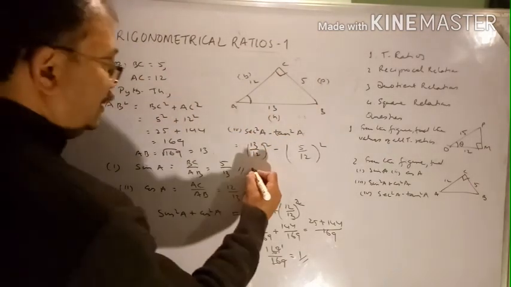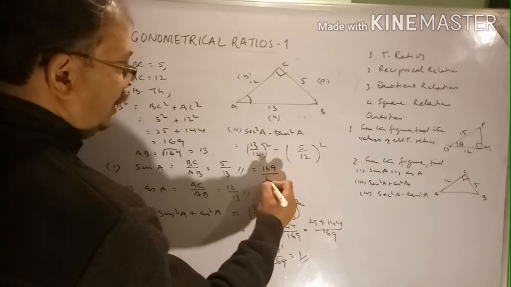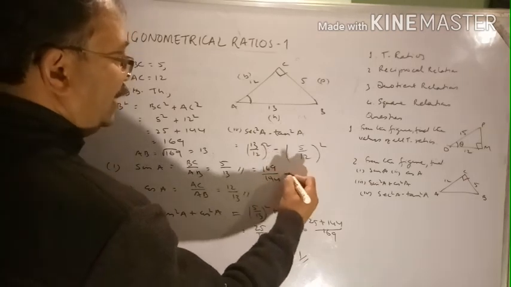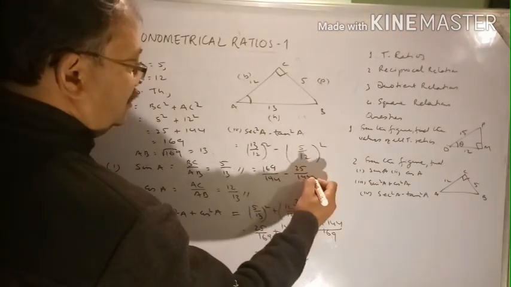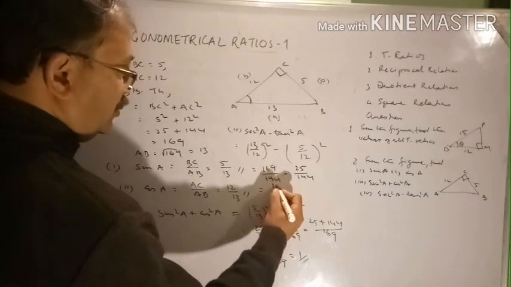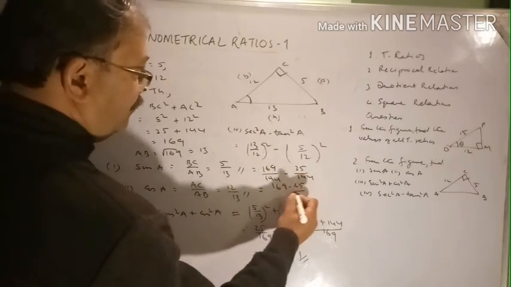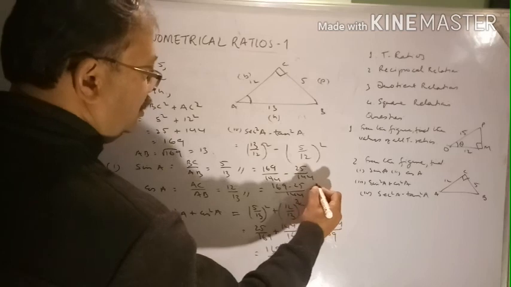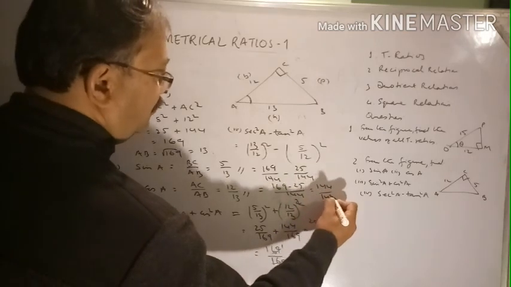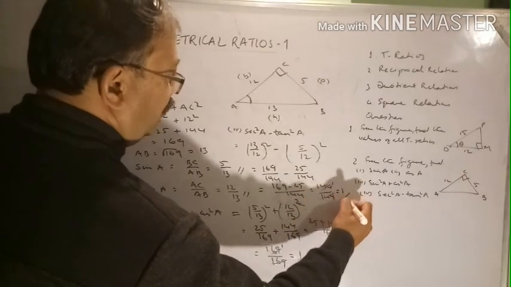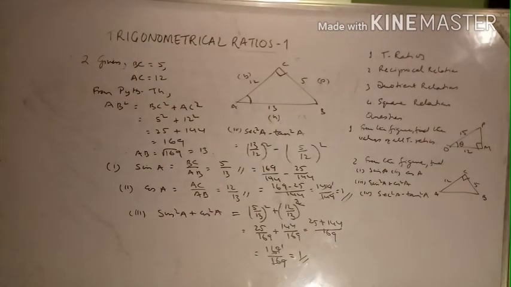So if you simplify, you get 169 by 144 minus 25 by 144. So this is 169 minus 25 by 144, taking the LCM. So 144 by 144, so the answer is 1. So you know, sec square A minus tan square A is also 1. Okay. Thank you, class.